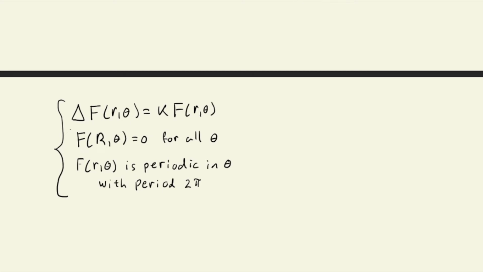Okay, so let me again write down the formula for the Laplacian because we're going to need it. The Laplacian of f is second derivative in r plus first derivative in r divided by r plus second derivative in theta divided by r squared. Alright, so let's use separation of variables.